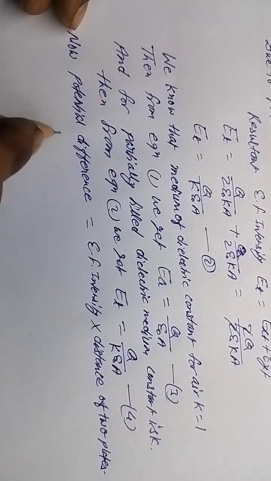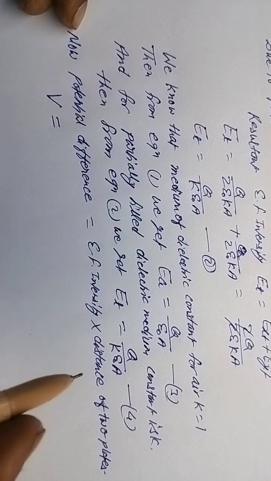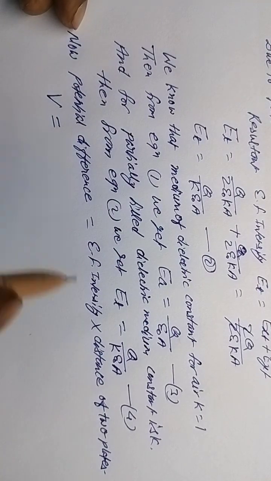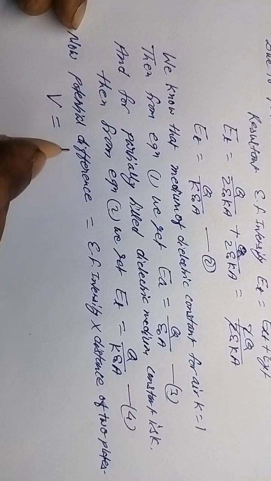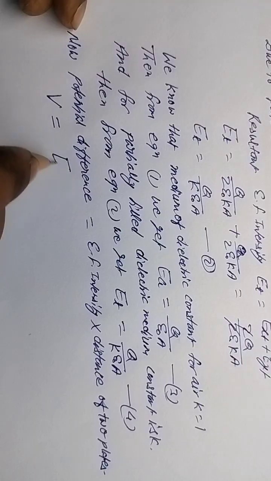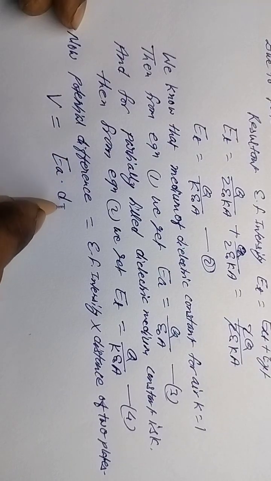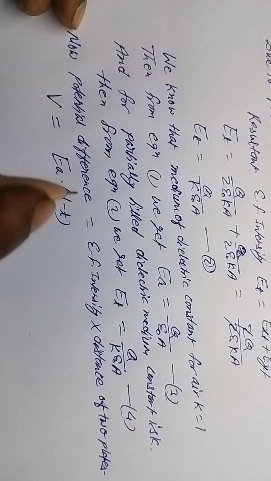Look here, V is equal to, this formula will be applied for both the dielectric medium and air. For air, the electric field intensity EA will be multiplied by the distance for air, that is d minus t.